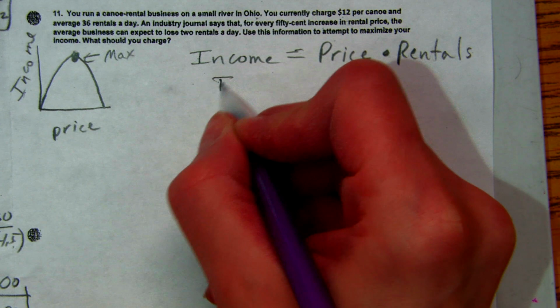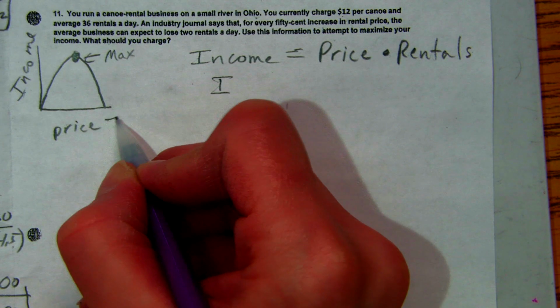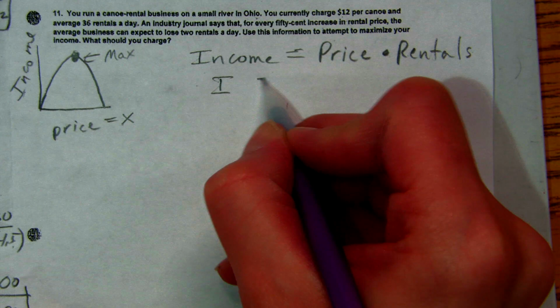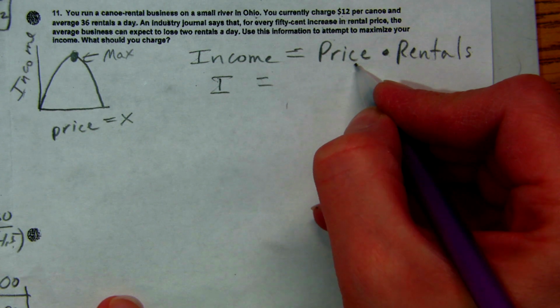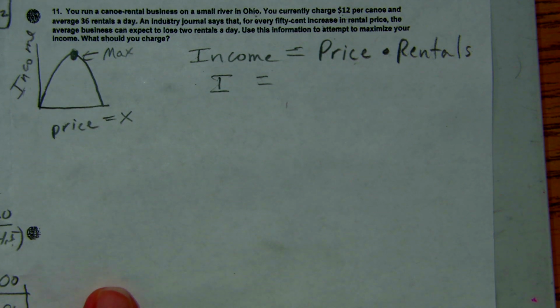Now, I'm going to use I for income, and I'm going to make price X. So price is going to be X, and we know a little bit about that.